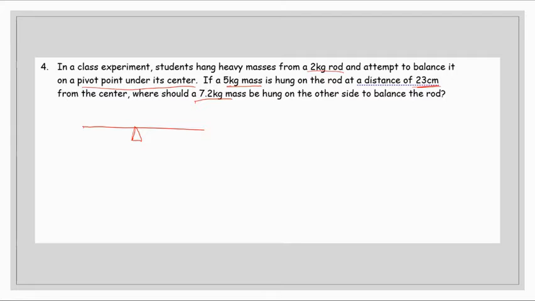So we have a 5 kilogram mass hung at a distance of 23 centimeters, so we'll say 0.23 meters. And that's going to be that mass, 5 kilograms, so 5 kilograms times gravity. Okay, and then we have a 7.2 kilogram mass.